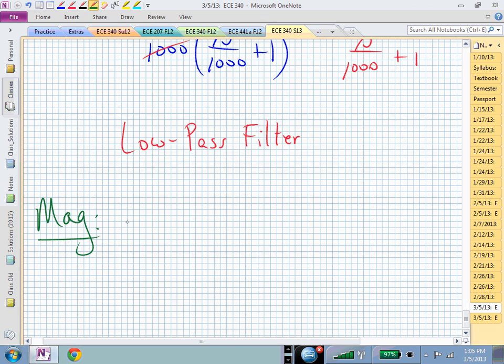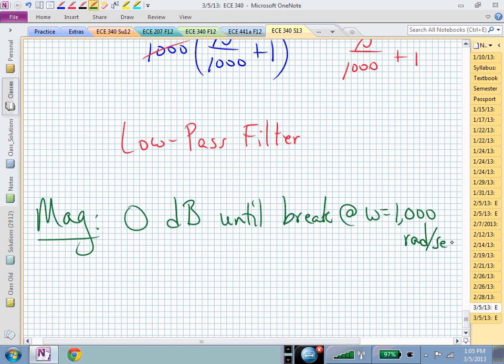You could say, if I look at that, I'm 0 dB until I reach the break frequency. And the break is happening right at 1,000 radians per second. My magnitude is flat until I reach that break. This is the straight line approximation.